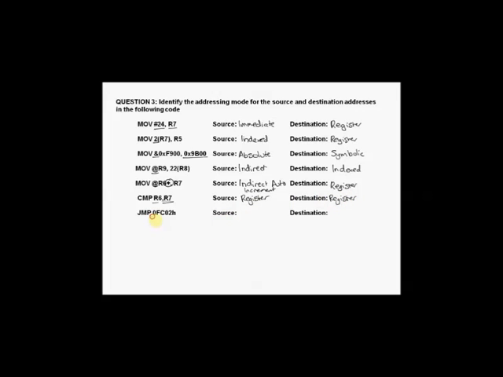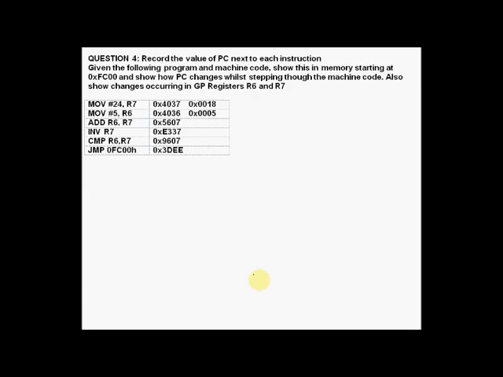Our final one is symbolic as before because we don't have any hash symbol there or any ampersand symbol as we had previously. So this one is a bit meaningless for source and destination because it's not really a single or a double operand instruction, but what we're dealing with is symbolic.